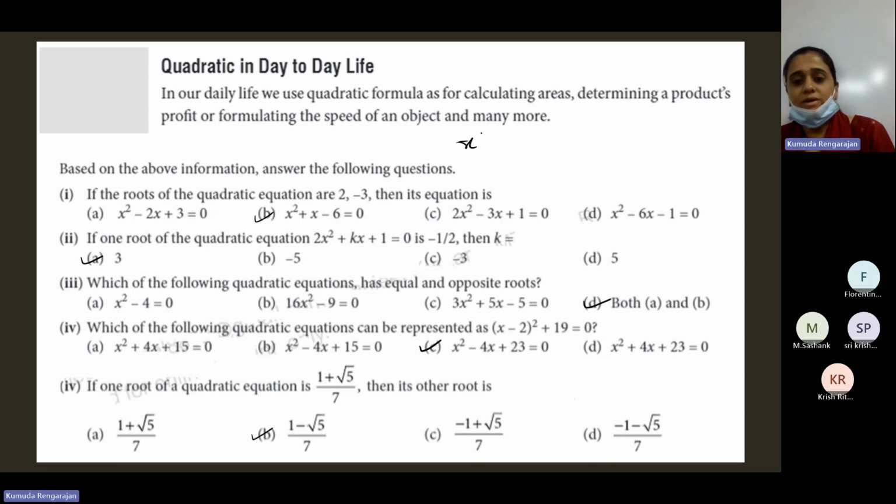When you expand, x squared minus 4x plus 4. X squared minus 4x plus 4 plus 19. And this one is 23. So x squared minus 4x plus 23 is equal to 0.